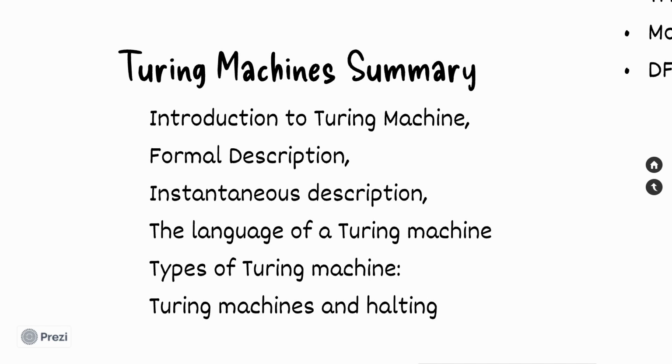We've also talked about the language of a Turing machine, and we've said it accepts recursively enumerable languages. We've also looked at various types of Turing machines based on the tape head and the control program. We've also talked about Turing machines halting and said it halts either when it's at the accept or reject state.